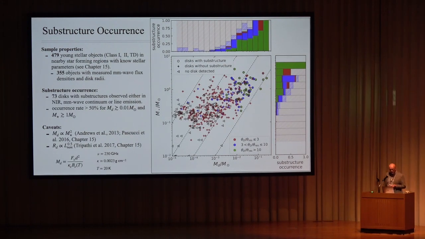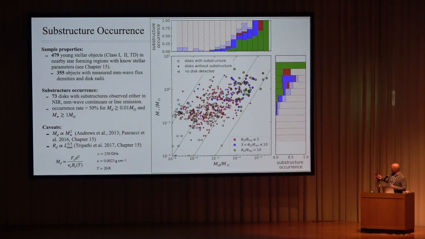And 73 of these objects have structure, vaguely defined in a way that we'll touch upon in a second. So the occurrence rate of structure is about 50%, but only for disks that have masses larger than about 1% of the solar mass.